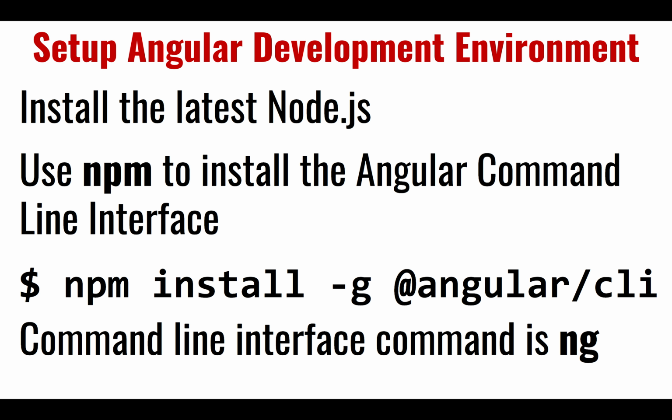Here, the ng command is a little more nuanced. It has quite a few other commands. We're going to use it for creating new applications, new projects, creating any new components, the boilerplate for any new component. We're going to use it for building, for running, for testing. So the ng command line interface will be a little more involved.